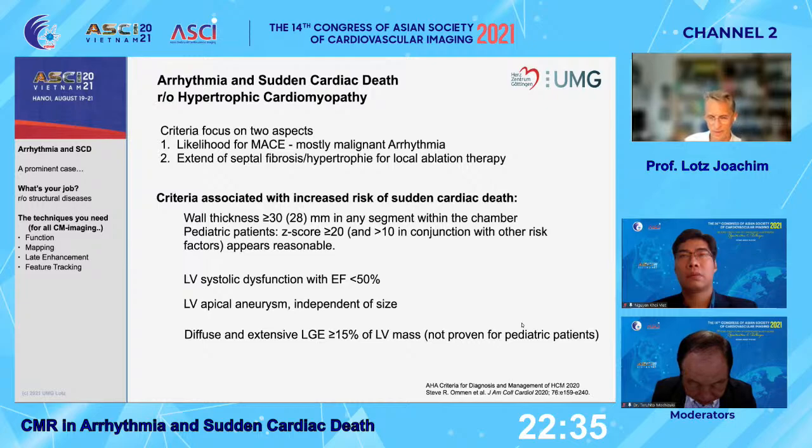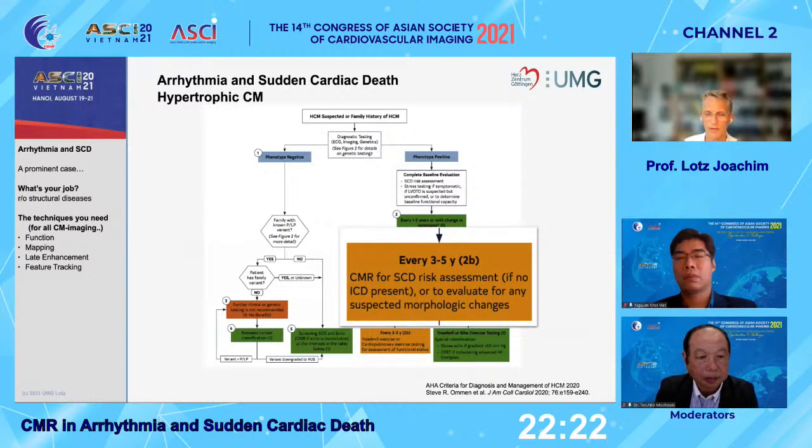We have to find the point where medications and or other measures can be initiated to keep the myocardium from developing arrhythmias. Now, if you look at the flow sheet, how to handle those patients, you see that for a class 2B indication, we have a risk assessment CMR if the echocardiography doesn't work, every 3 to 5 years, and that's approximately what we also do.